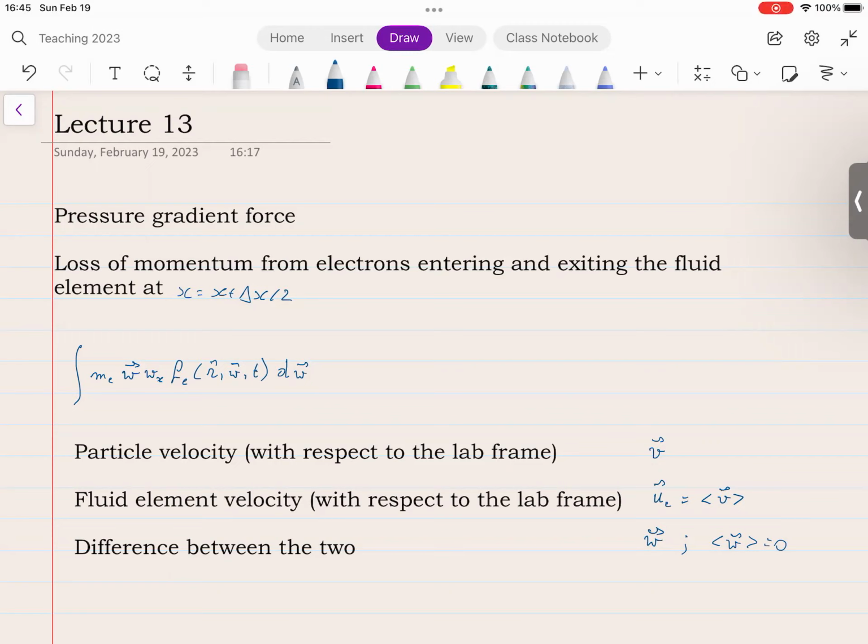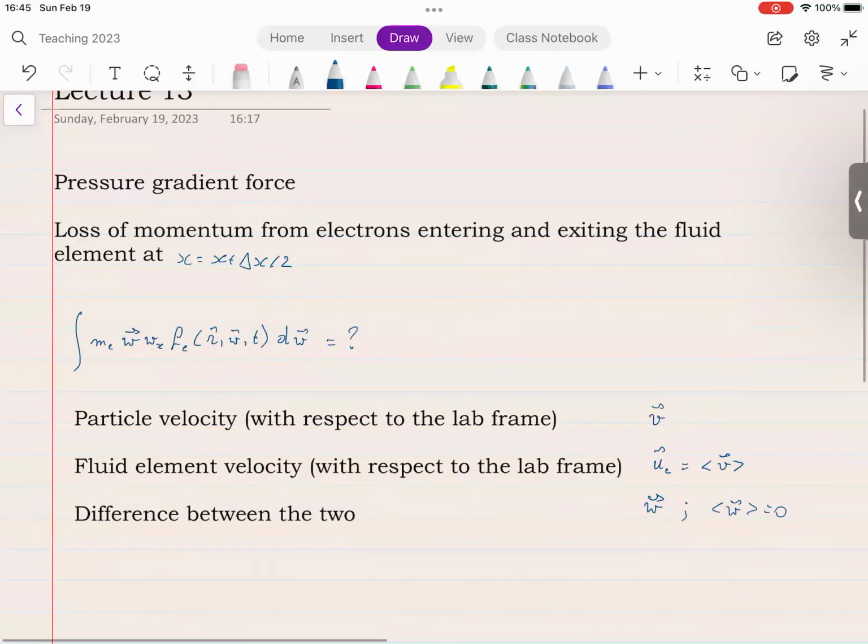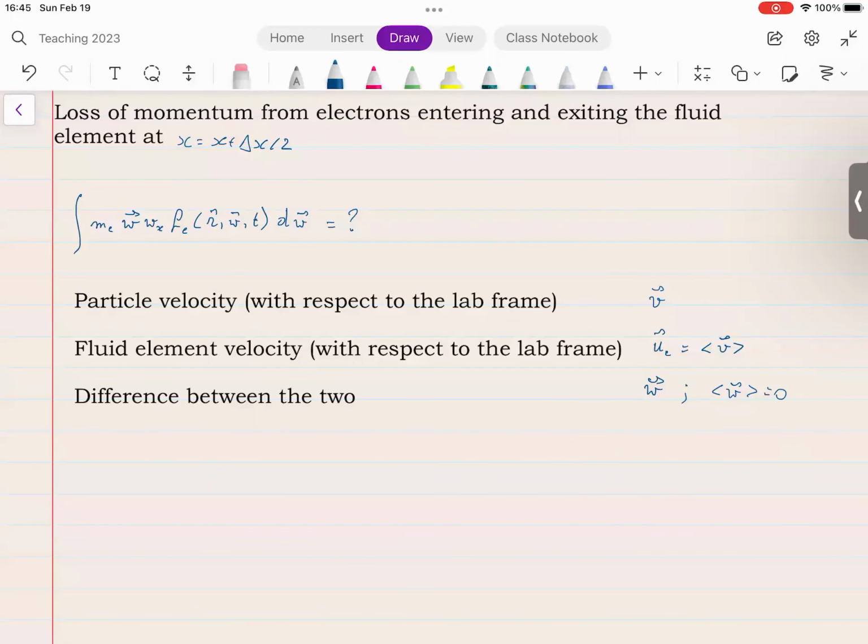We need to calculate this integral. Now, in order to calculate that integral, we need to know the distribution function. If we don't, well, then there is no way to move any further. But we can make a simplifying assumption that is going to give us some results.